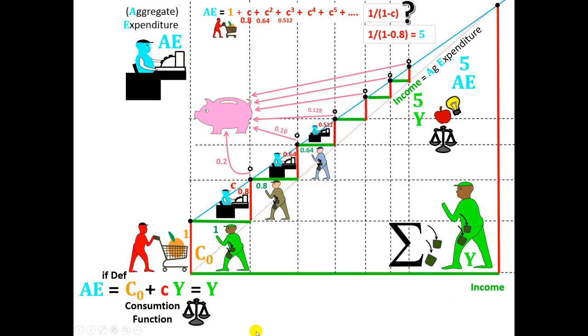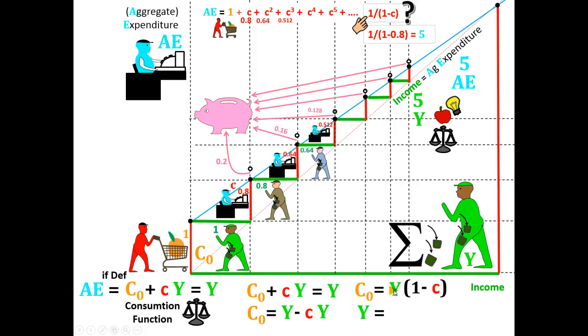So out of this equality, we can actually deduce this result, this expression. The only thing that we have to do is to isolate C0 first, and then we take Y as a common factor, and then we isolate Y, and then we get this result, and as C0 is equal to 1, then we have 1 divided by 1 minus C, which is this.